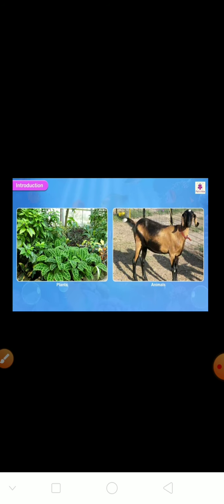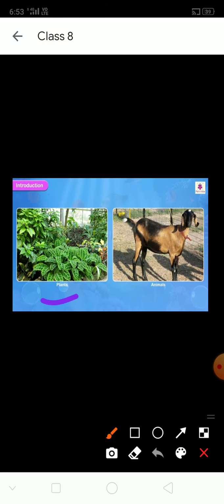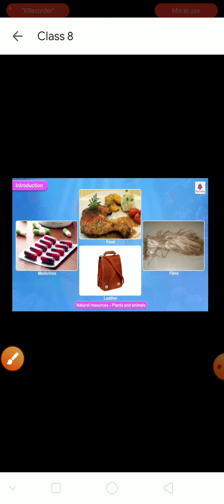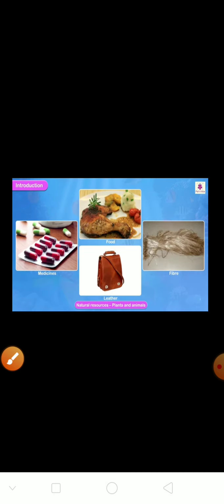See here. In this picture, plants and animals are used for man-made products. Plants and animals, these are used by man to make products.